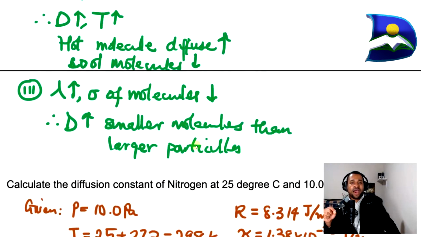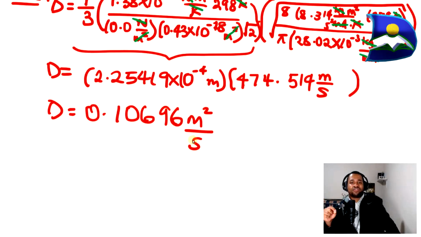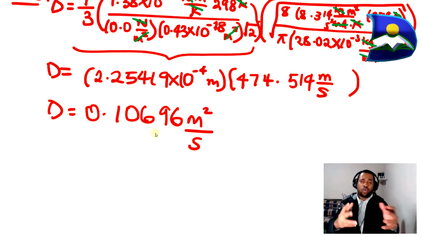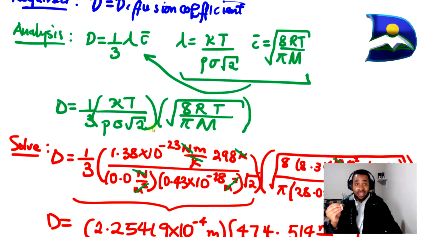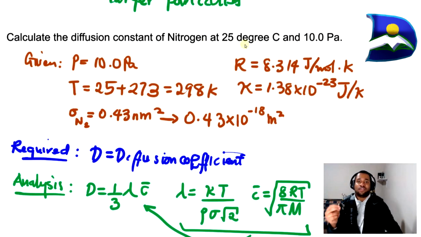So that is really remarkable to see how everything agrees really well with our solution, and in this solution we're able to rightly derive the diffusion coefficient of nitrogen gas at a specific temperature, which is 25 degrees Celsius, and at that particular pressure.